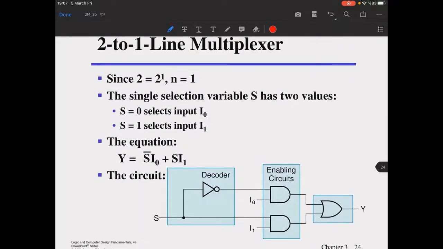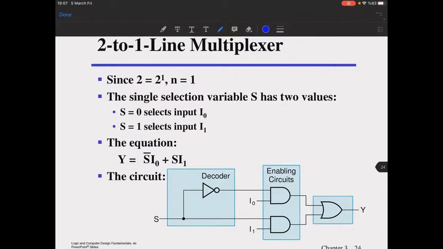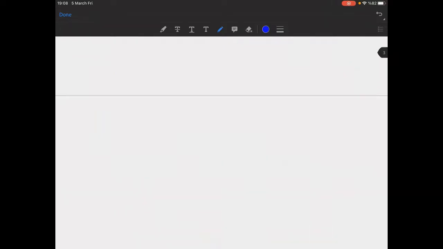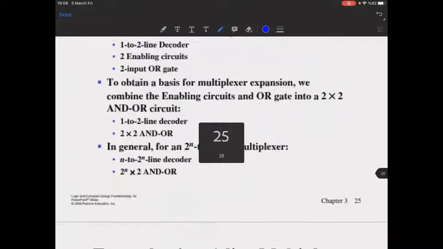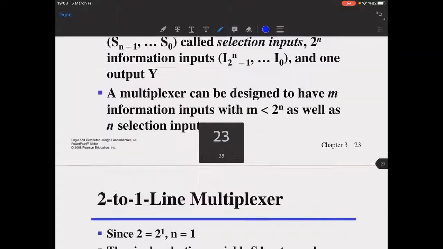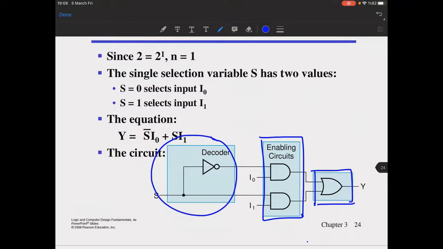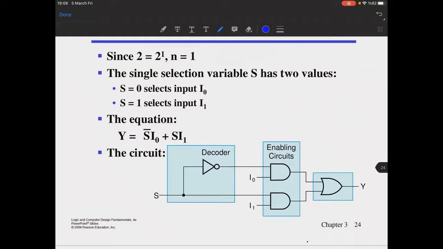So let's take a look at the basic 2x1 line multiplexer. Here you see your basic decoder, and you have a level of enabling circuits and the output here. It means that at any given time only one of the inputs will be seen at the output, depending on your selection signal given by the decoder circuitry.